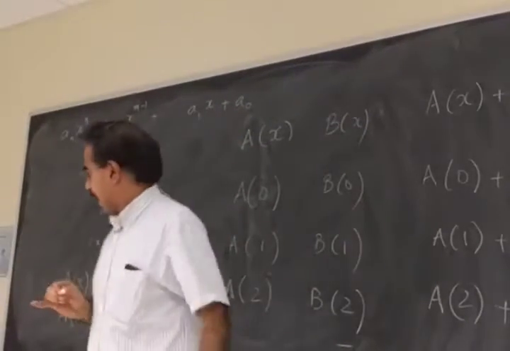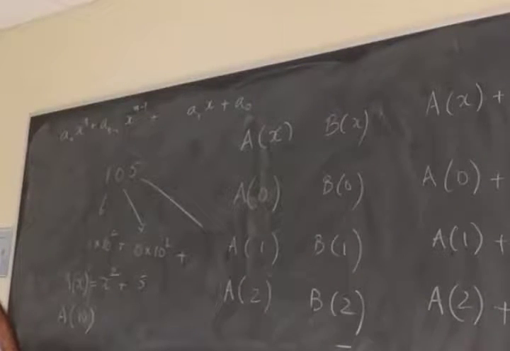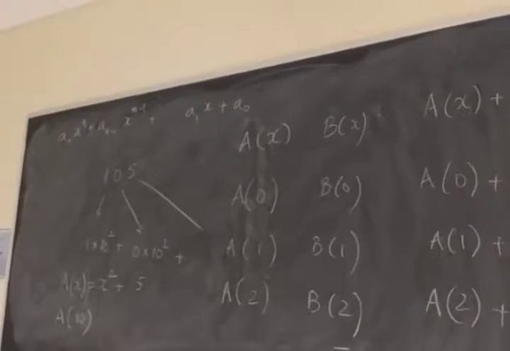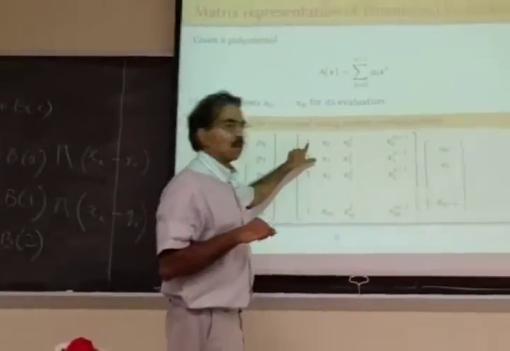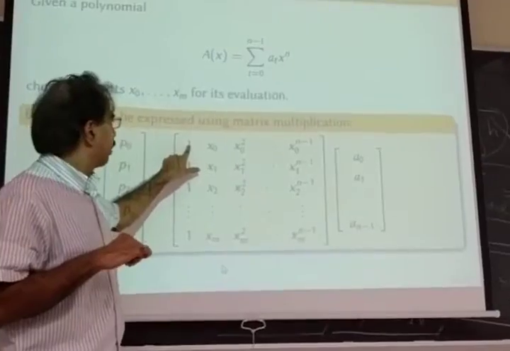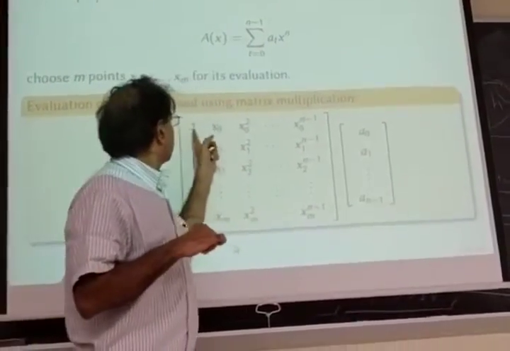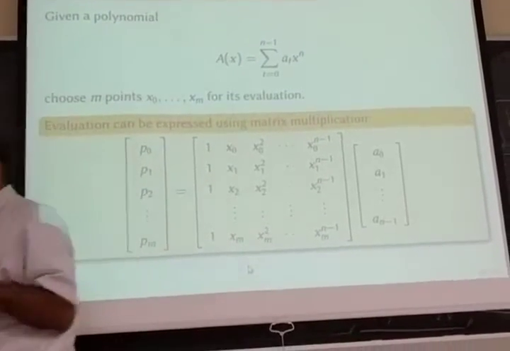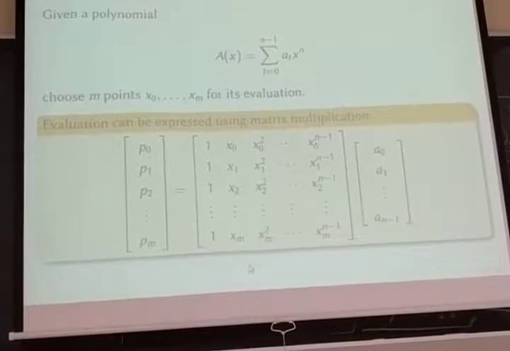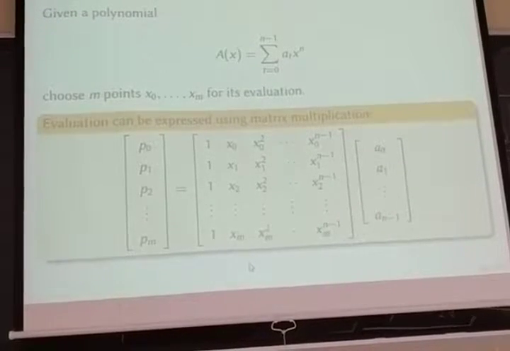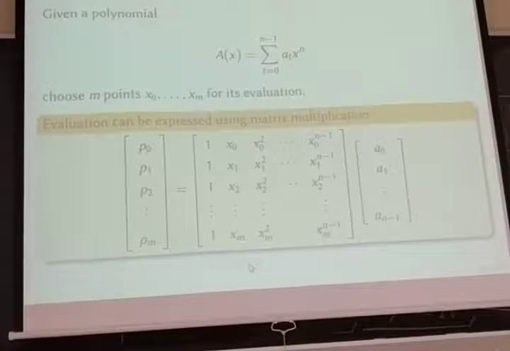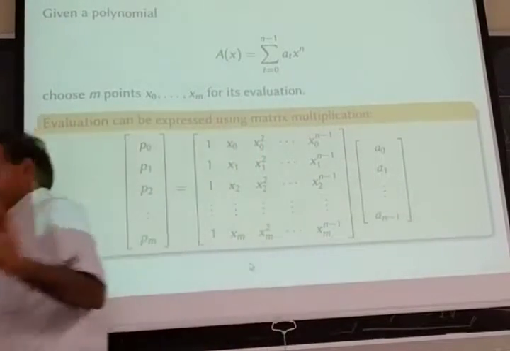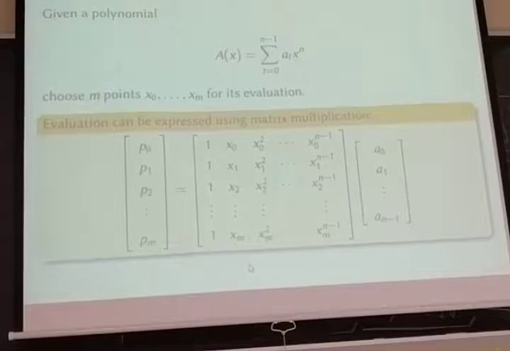Which means that if you go back to this matrix again and set x0 equal to 0, then all of these entries will be 0, and only this will be 1. So this row multiplied by this column can be computed using one multiplication. Maybe there is a way to choose the points so that a number of entries here become 0, and therefore the number of multiplications is small.